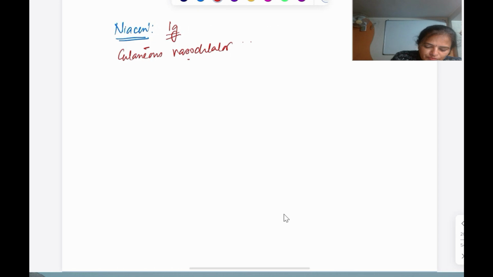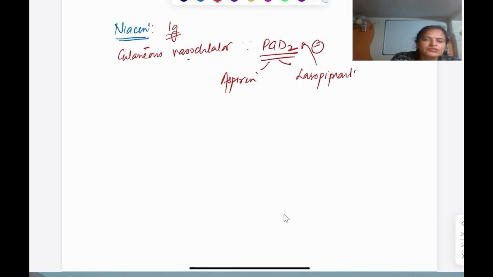And that is because of prostaglandin D2, and इसको हमने कैसे prevent करना है, beforehand you can give a sustained release tablet of aspirin, and the latest one is laropiprant. This is a direct prostaglandin D2 inhibitor. So we can give with the nicotinic acid or niacin, this or this, to prevent this cutaneous vasodilation.